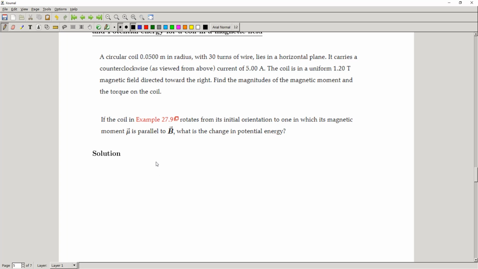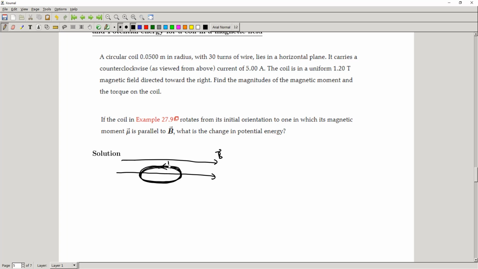I don't really want to put a coordinate system in here because it'll clutter things up. But you can imagine that you have these coils of wire going around 30 times, kind of like this. This is meant to be sitting in a plane, and then we have some magnetic field like this going to the right. Okay, so this is supposed to be our magnetic field. Because the wire is coiled like this, we can imagine that we have current whipping around like this.